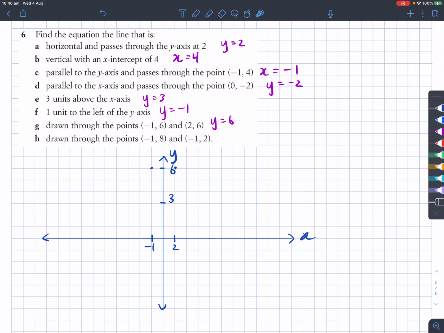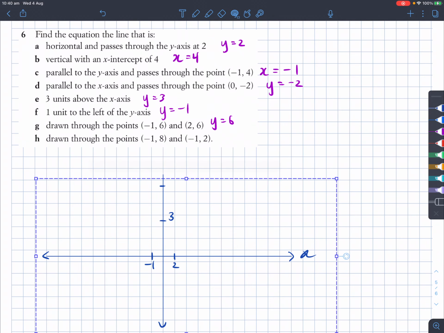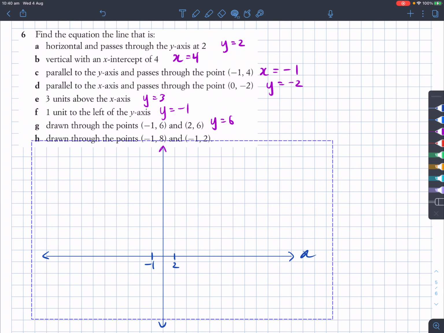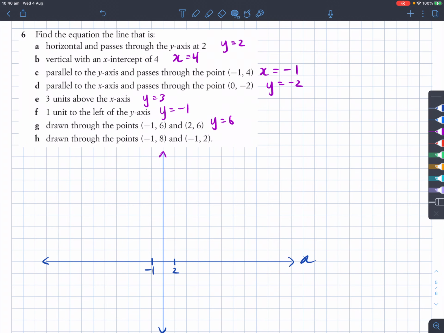Okay, lucky last, H. It is drawn through the points -1,8 and -1,2. So -1,8 means, if I just extend this, hold on, give me 1 second. Right there. So 8 will be this high. Okay, so if I count 8 upwards, this is 4 units up, another 4 units up will be here.